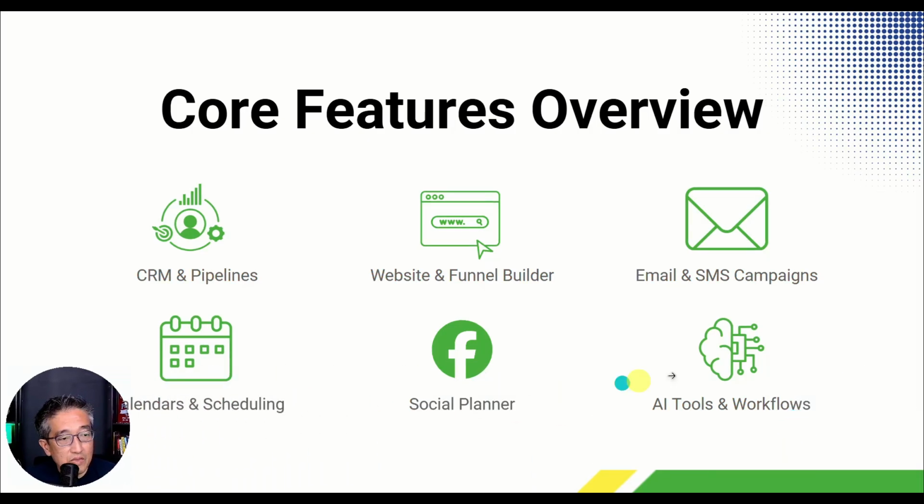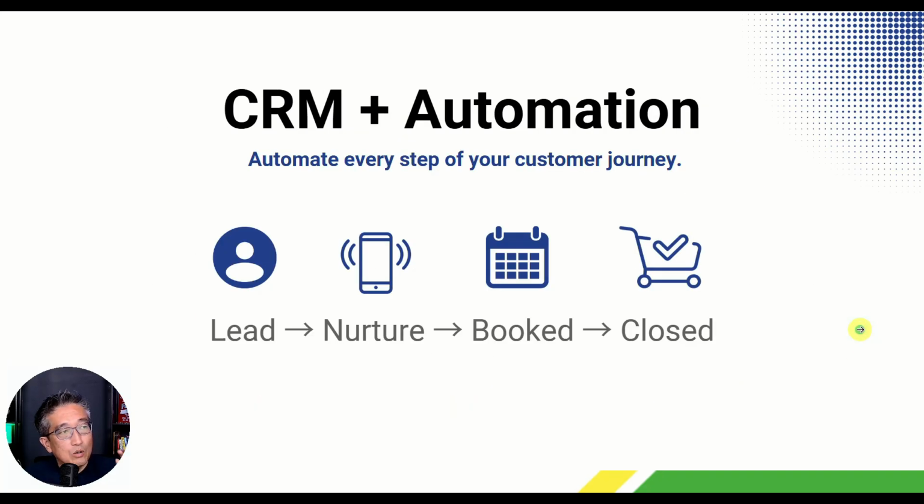Now, you've got AI, voice AI, conversational AI chatbots and things like that. With the CRM and automation, this basically automates every step of your customer's journey. When you get a lead, you nurture them, you get them booked, get on a call, and you close them. And this is the awesome power of this platform, and it keeps everything organized.